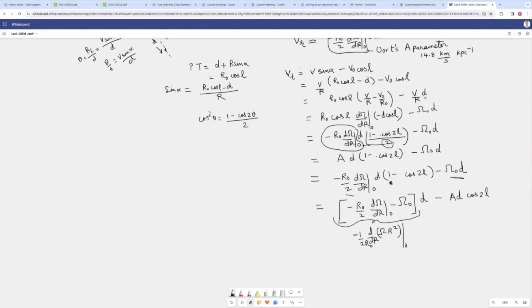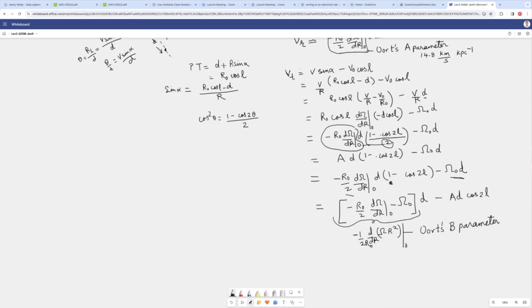So what do we get? Right, we do get what's written up there. And this is another Oort parameter. Minus 1 by 2 r naught d/dr of omega r squared, evaluated at the solar position, is called Oort's B parameter.